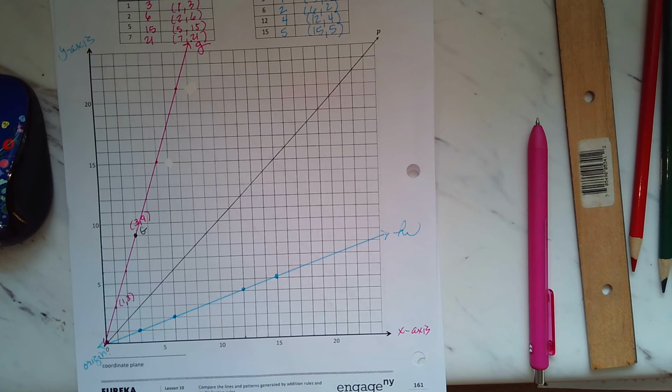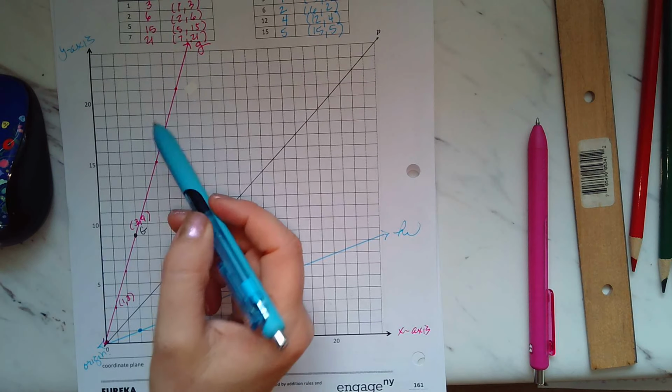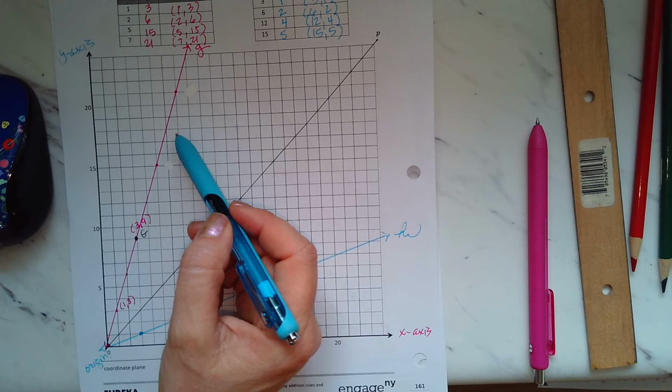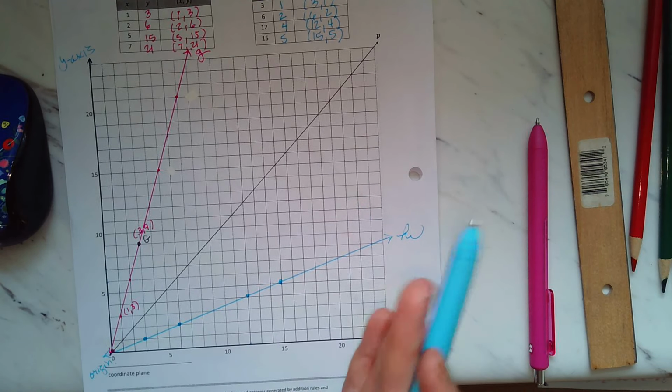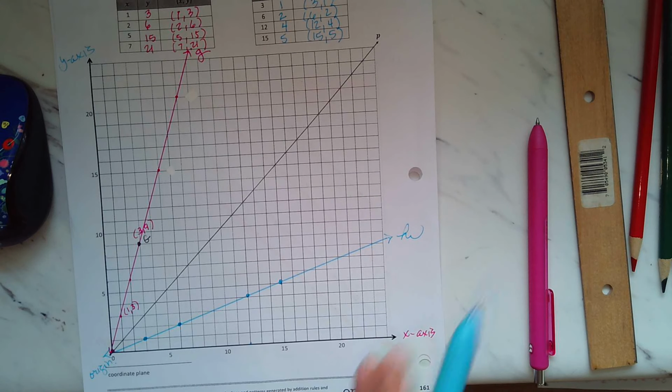When you multiply a number by a number greater than 1, your answer is always greater, correct? And if you multiply by a number less than 1, your answer is going to be less, right? So the line is really steep here because you're multiplying by 3. Line H multiplies by a number less than 1, so the line goes up more gradually, so the numbers are smaller.